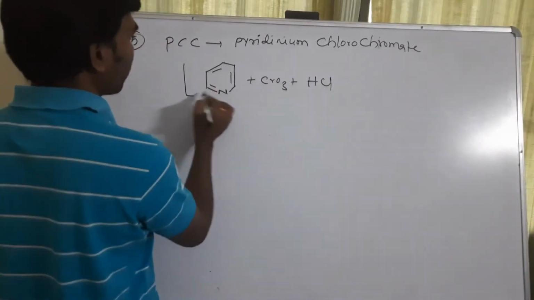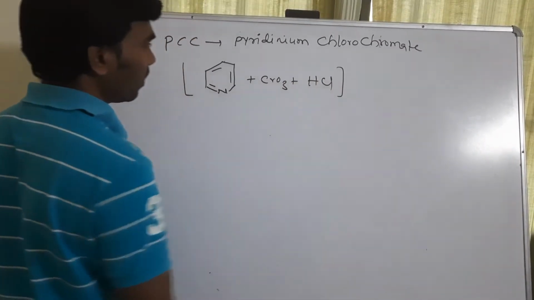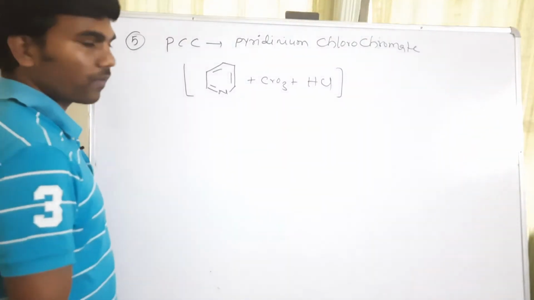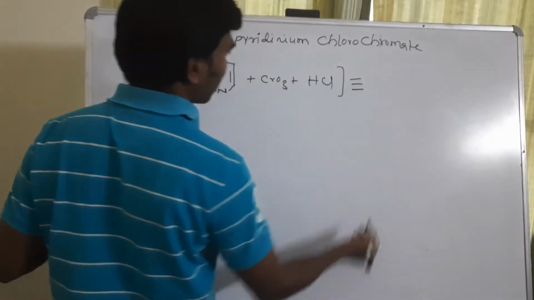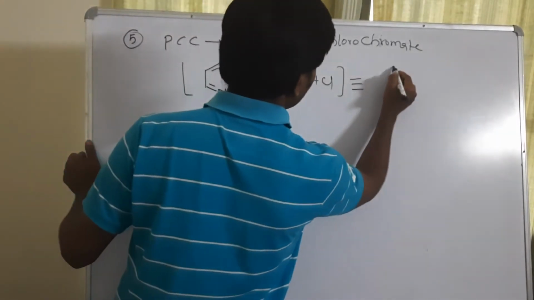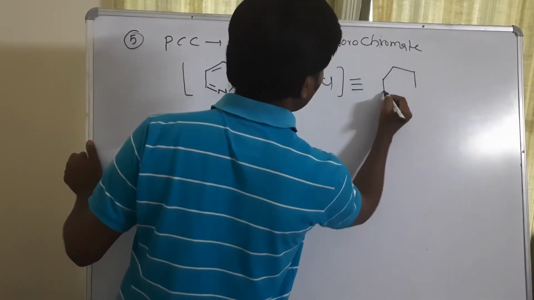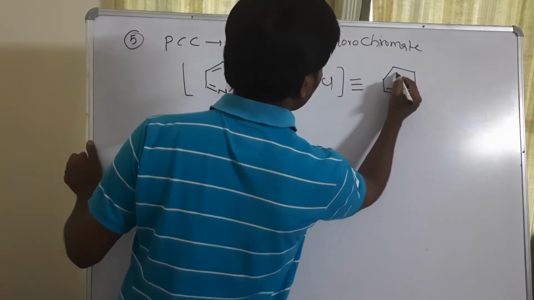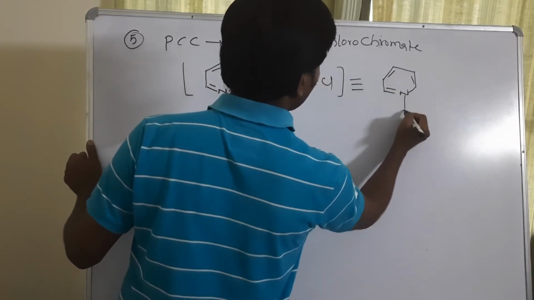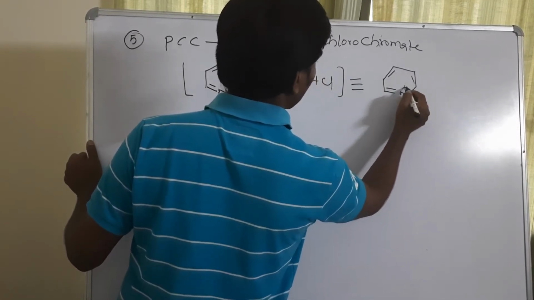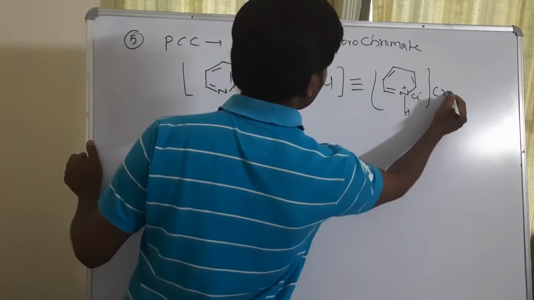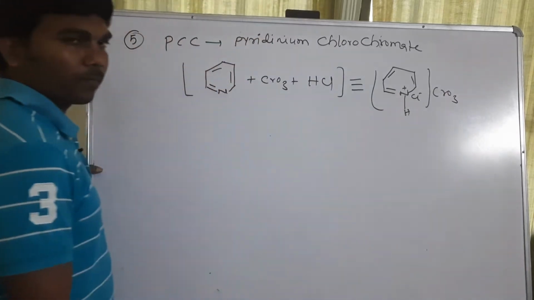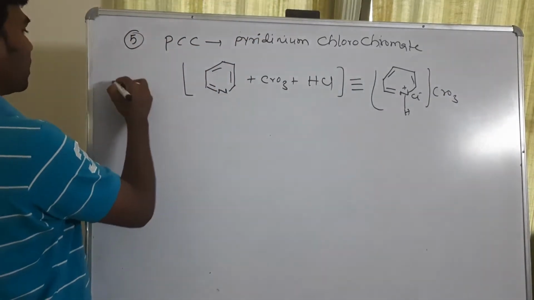The combination of pyridine, chromium trioxide and hydrogen chloride we call pyridinium chlorochromate. If you take the combination of these three, it will form like this: H plus will come, so to neutralize this, Cl minus we have to take here, and CrO3. This is pyridinium chlorochromate.